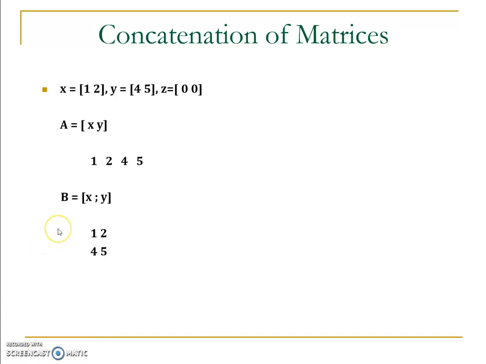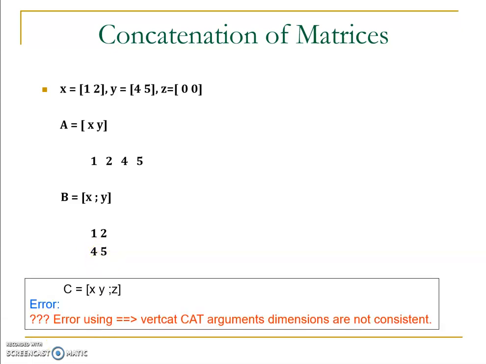Similarly, if we write B equals x colon y, here the colon separates the two matrices in rows and columns. We are representing it as 1, 2 and 4, 5. Please make a note of the errors.